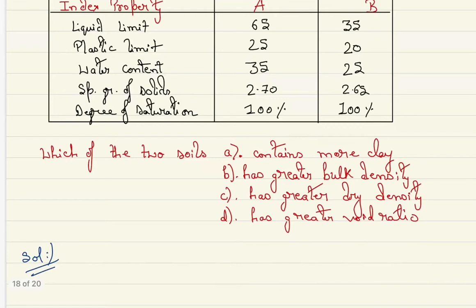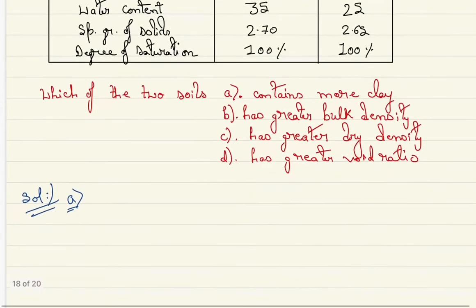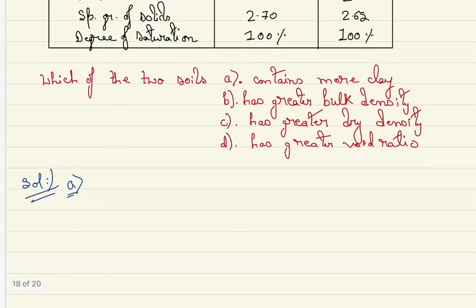For solving A, that is which of the two soils contains more clay, how can we say which soil contains more clay? We will find plasticity index. Plasticity index is given by liquid limit minus plastic limit.